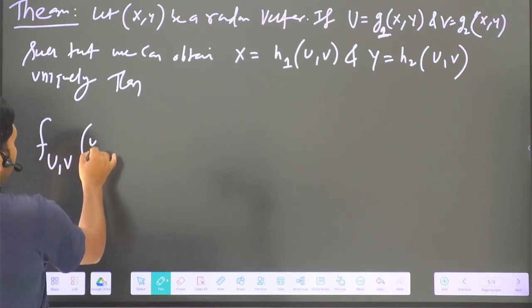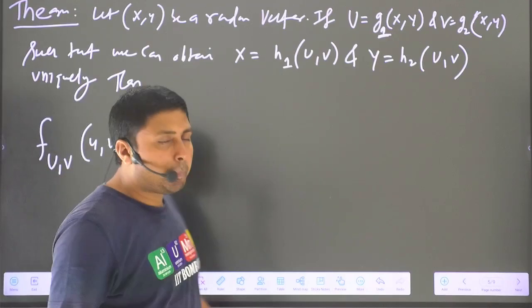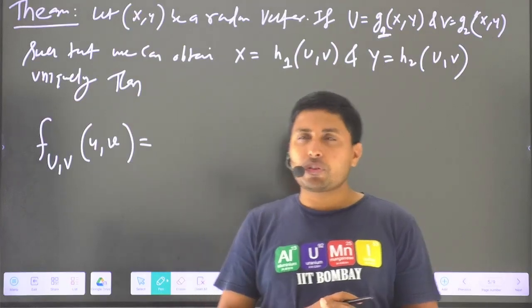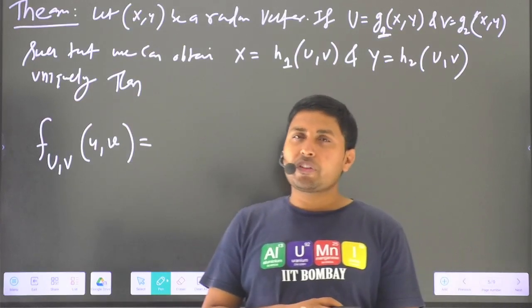We want to find the joint PDF of U, V with the help of the joint PDF of X, Y.